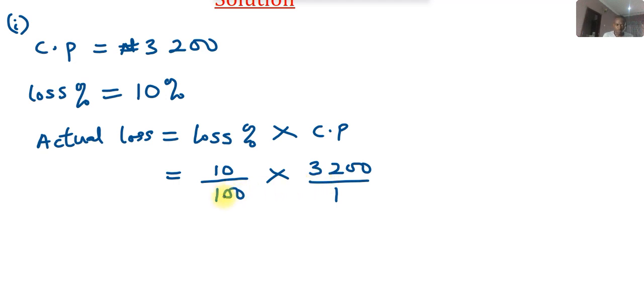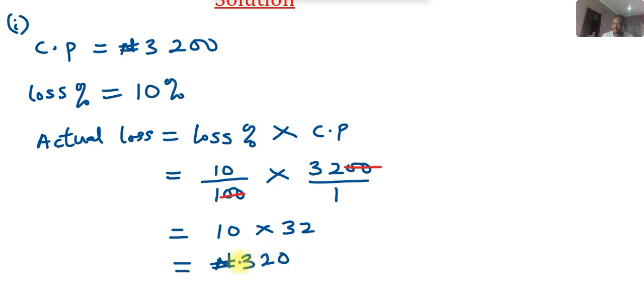So in this case, if I divide, these two zeros can go, and this one can also be removed. So we'll be left with 10 multiplied by 32, and at the end of the day we'll have 320 naira.